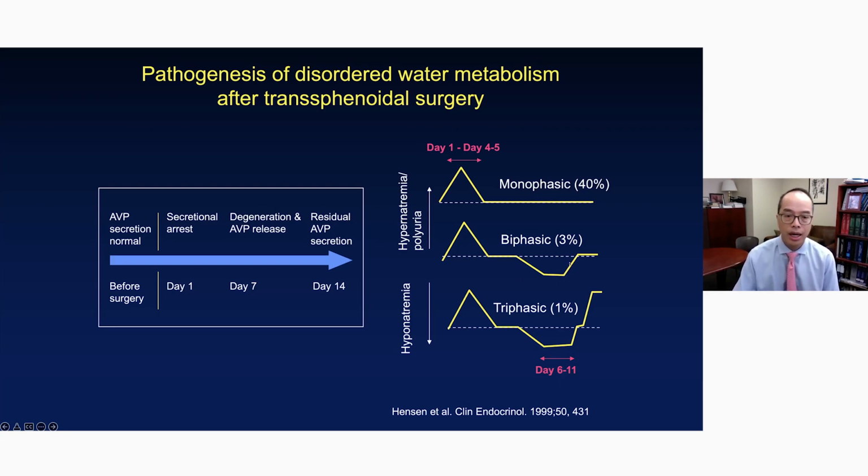And then at the end of this, when the preformed vasopressin has been released from the cell bodies, we get to the third phase. The majority of people in the third phase come back to normal, but a small minority of patients, about 1% or so, have sufficient loss of neurosecretory neurons that they have inadequate amounts of vasopressin and have permanent diabetes insipidus.